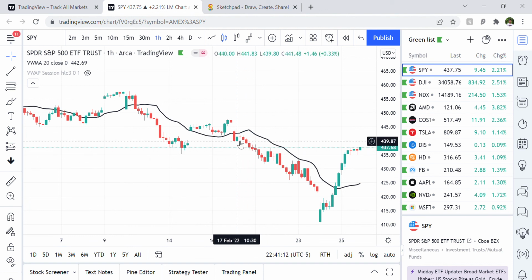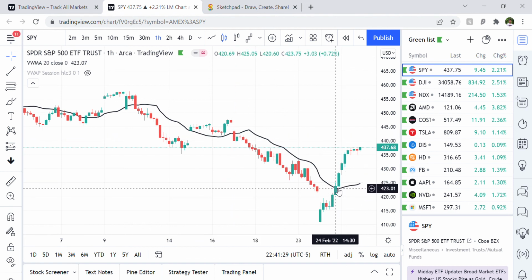Okay, so remember, for this strategy, at least one candle should cross the VWMA. For example, it had crossed VWMA over here, so it has crossed on the downside. So I will look for put opportunities over here. Here again my candle has crossed above VWMA, so from here I will start looking for call opportunities when the price closes $2 above the VWMA.